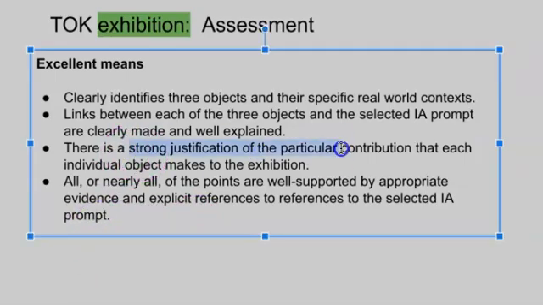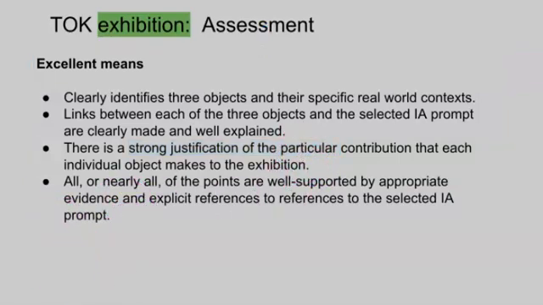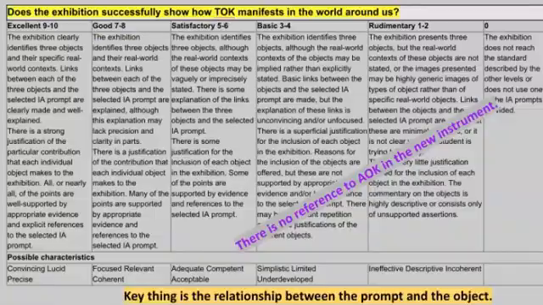Here's the part where it's up to you to really make a strong argument and justify the particular contribution that each individual object makes to the exhibition and to that prompt. You can do well if you make well supported arguments and find appropriate evidence and explicit references to that prompt, and then you should be fine.